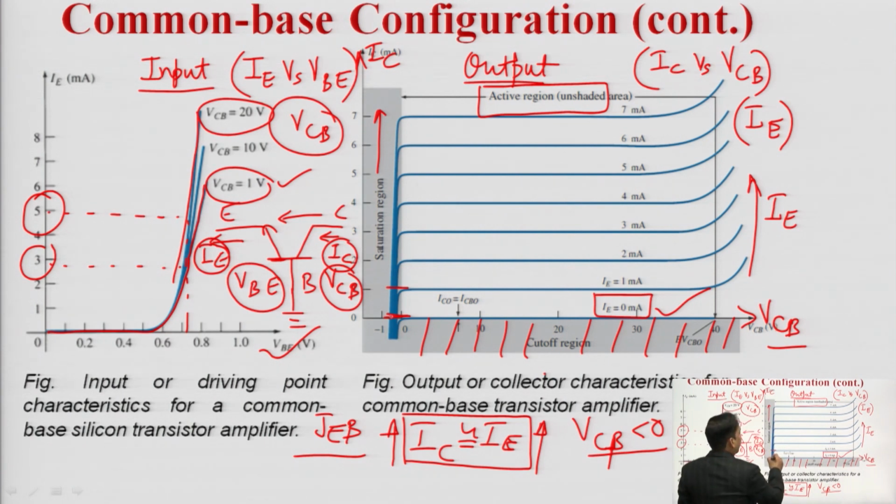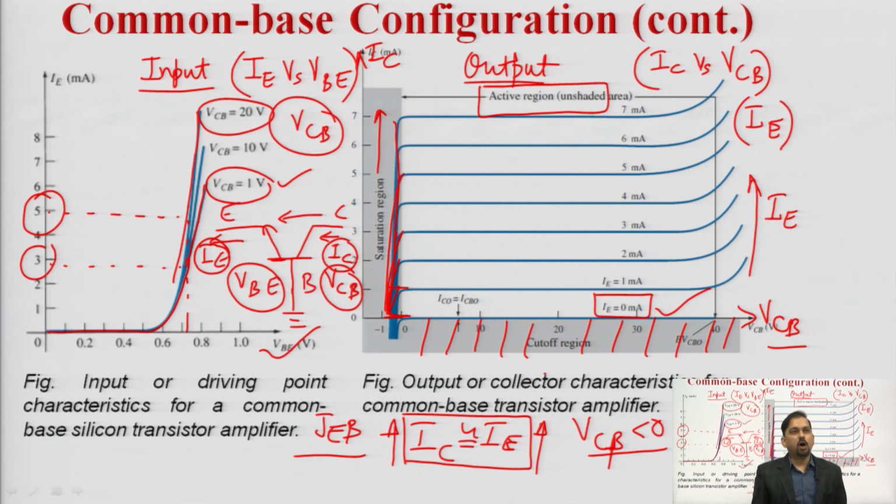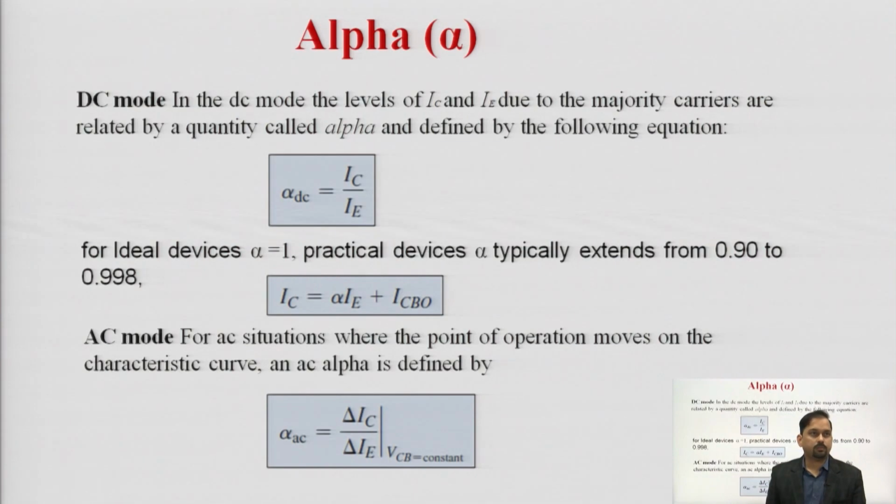Then the collector base junction becomes forward biased, and the current increases exponentially. So, we will see this kind of behavior in the saturation region, something like this. These are the input and output characteristics corresponding to the common base configuration.